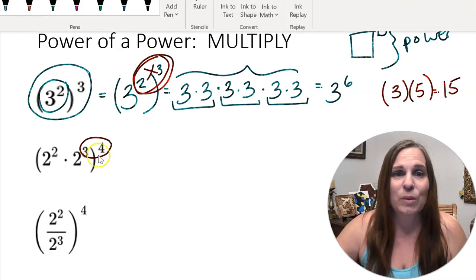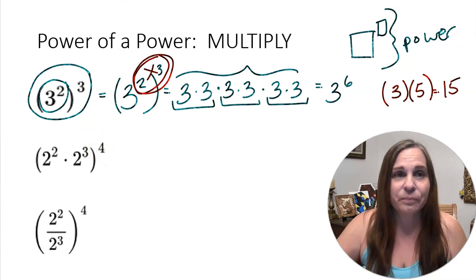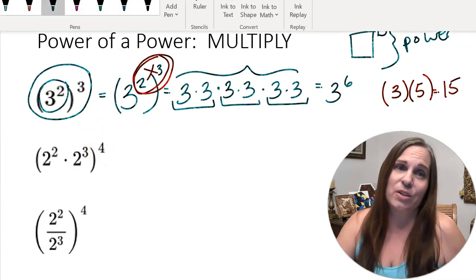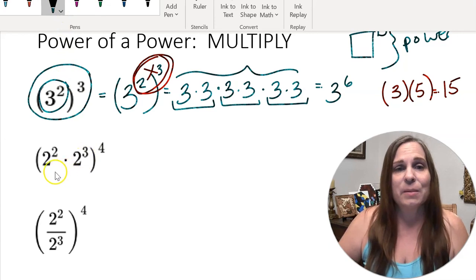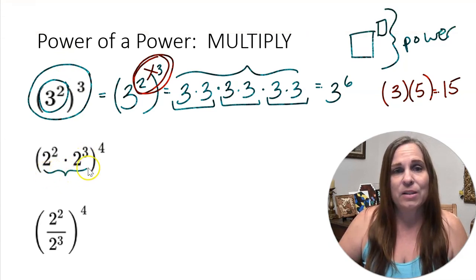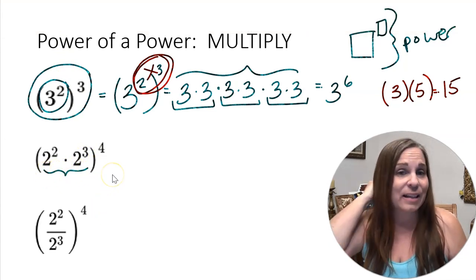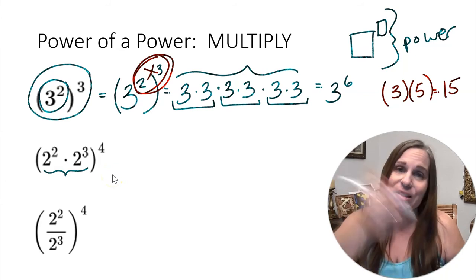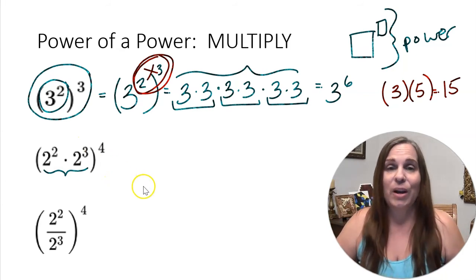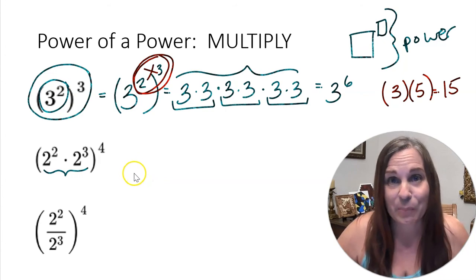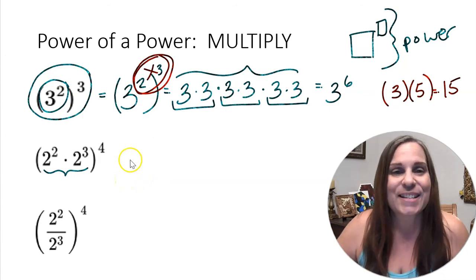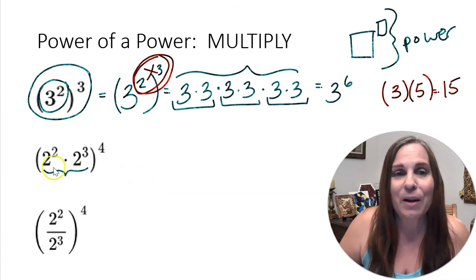Okay, so let's look at this next one. For this next one, I've got to do two things actually. I'm going to simplify inside the parentheses first. And again, this was in the last video. If you're not sure how to multiply powers with the same base, check it out. So here, to multiply powers with the same base, we add the exponents, right?